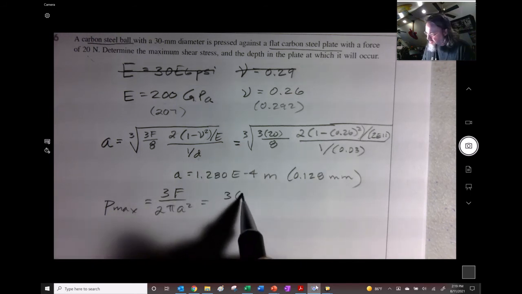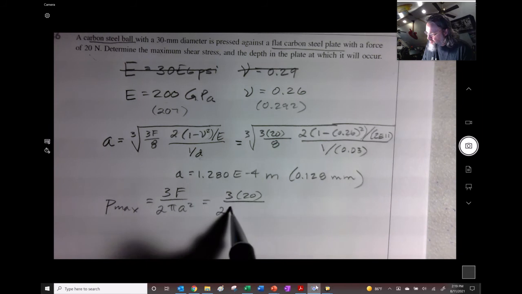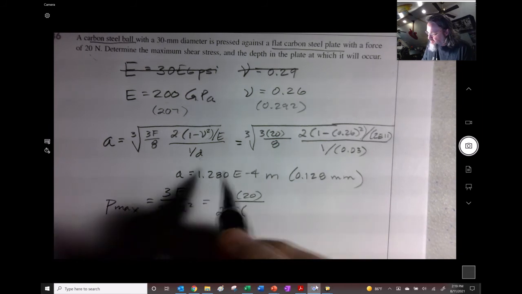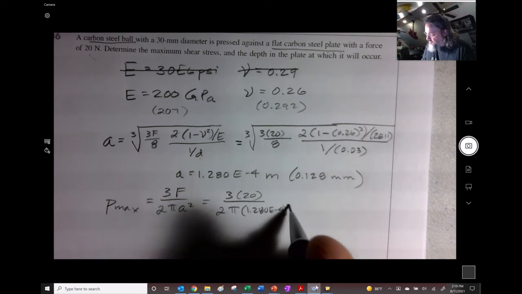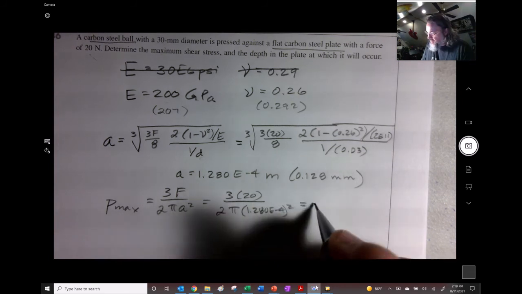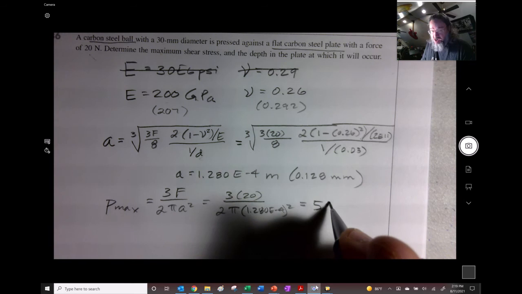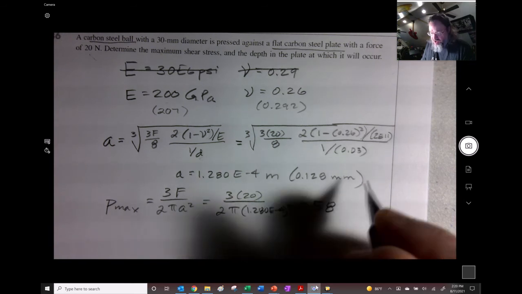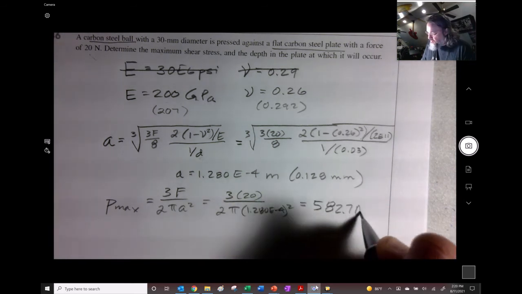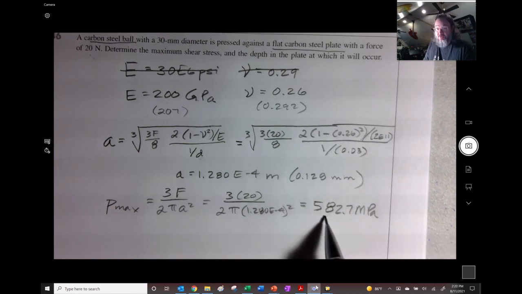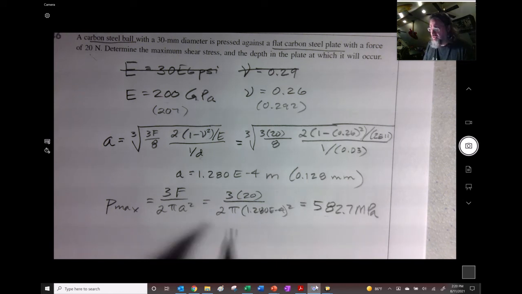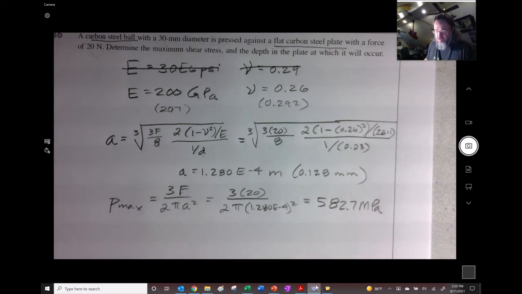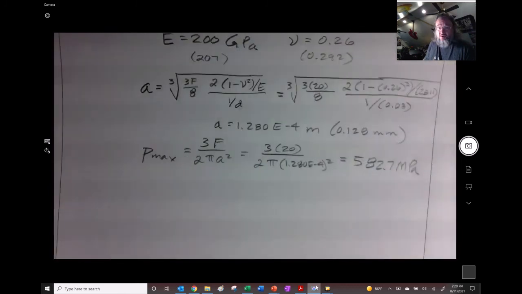So it's going to be 3 times 20 divided by 2 pi, and then this really small number, 1.280e-4, squared. And I'm going to take out e6 of this, and we get a pretty large stress. We'll see the contact stresses are actually really large. This is the maximum that's in there, but still, it's a fairly large number, right?